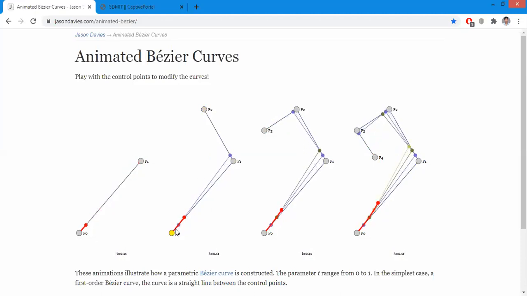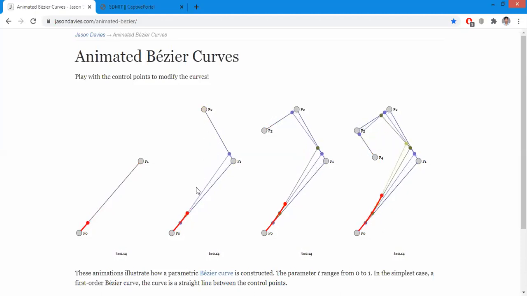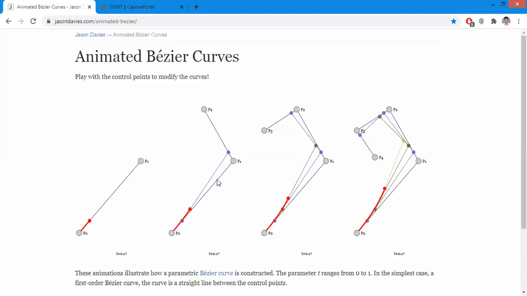You can see how the curve is drawn. The red is the actual final output, but the blue shows how the curve is drawn, and how it goes near P1, but it is not touching P1.